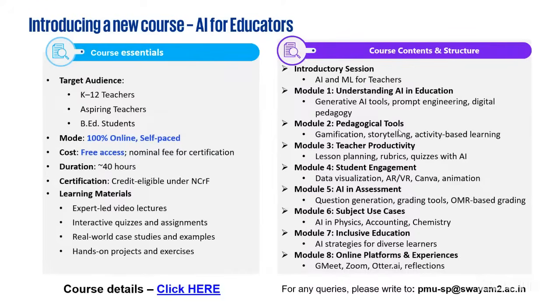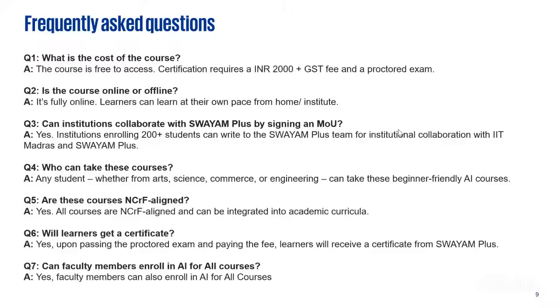But before that, I'll take a bit of time to go through the frequently asked questions. We've been receiving a lot of emails from most of you with certain queries, and basis the pattern in the queries, we have put together some frequently asked questions.